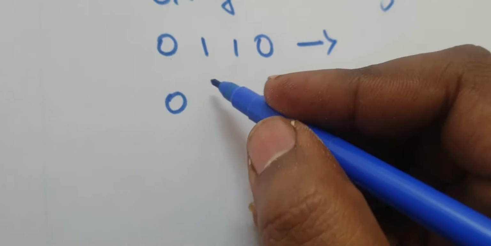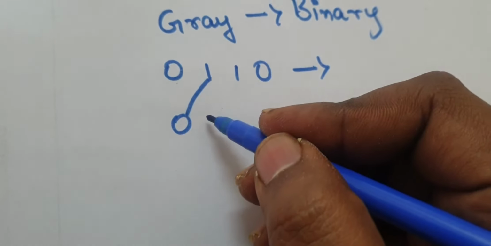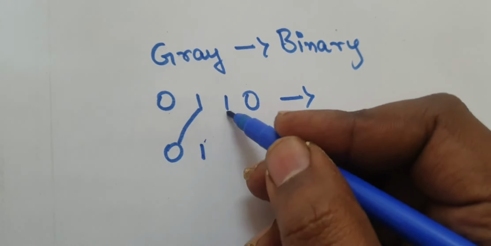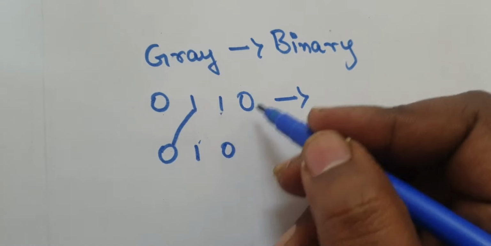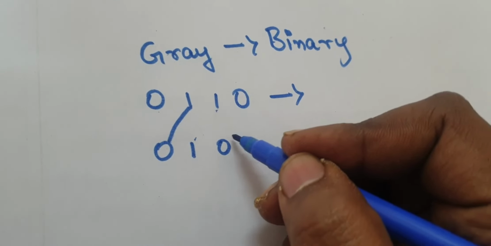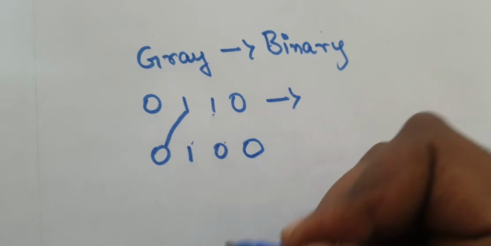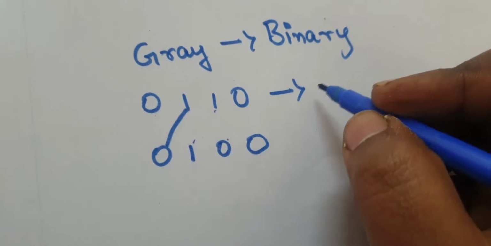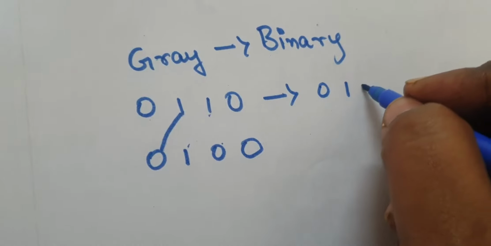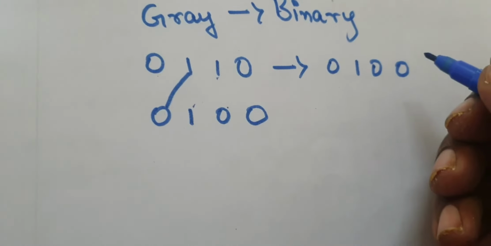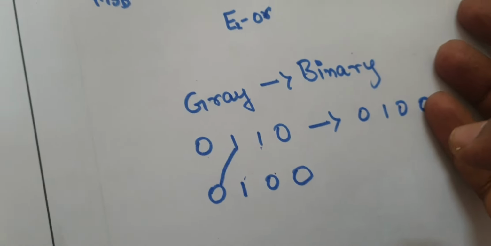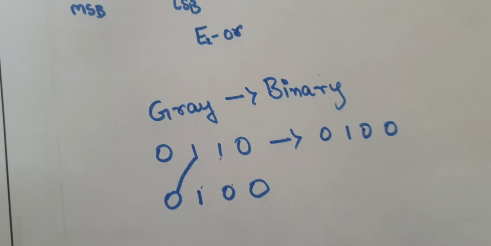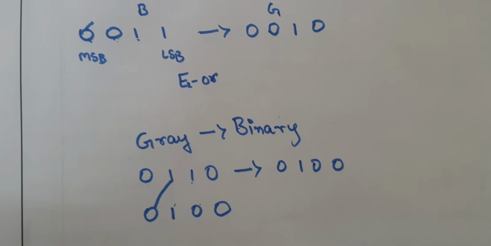Your second bit will be the addition of these two. So 0 plus 1 is 1. 1 plus 1 is 0, carry 1, we neglect the carry. 0 plus 0 is 0. So the binary code of 0110 is 0100. So this is how we convert binary to gray and gray to binary.